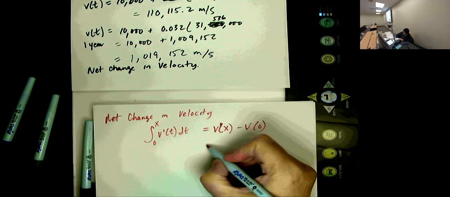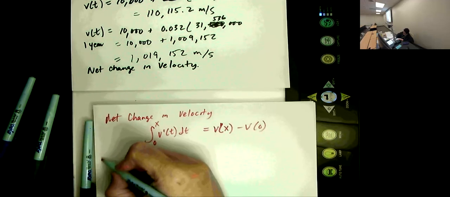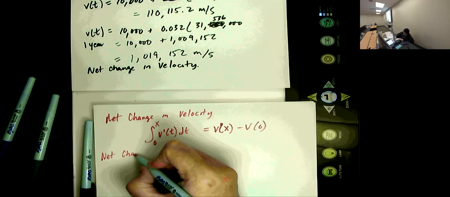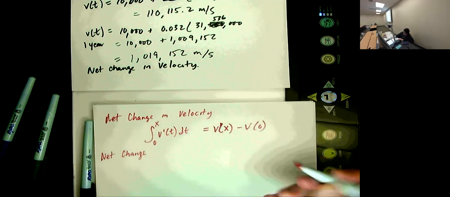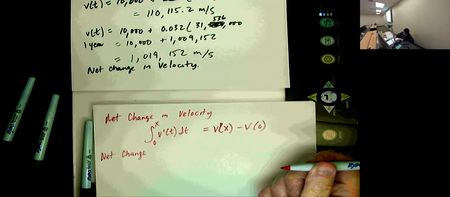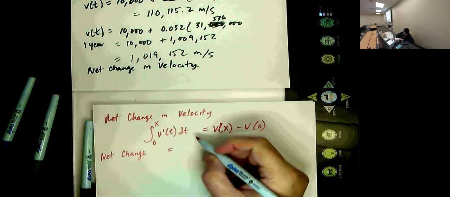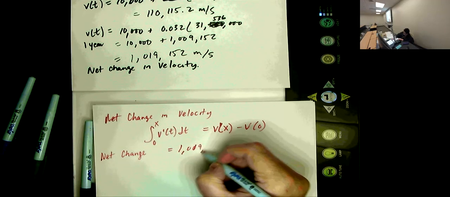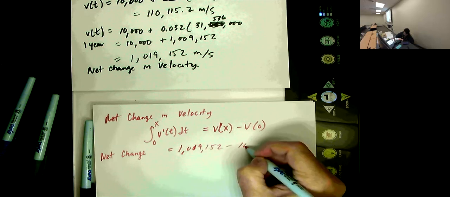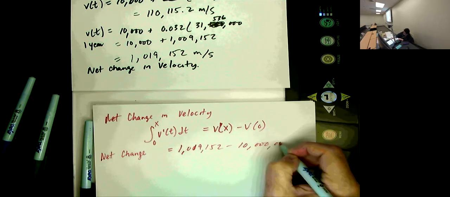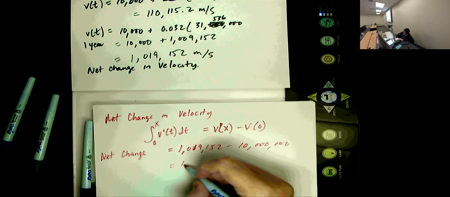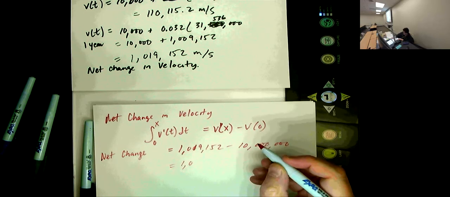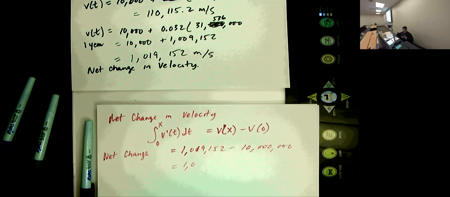So the net change over a year is 1,019,152 minus 10,000, which is about 1,000,000. Did I have the right number there? Yeah.